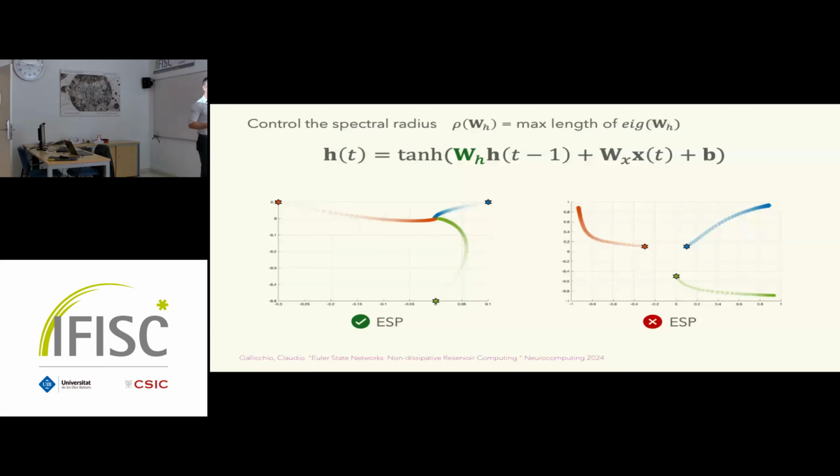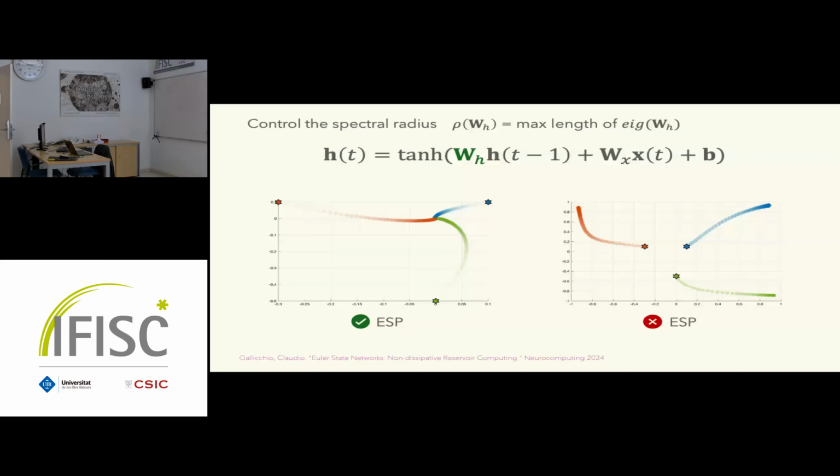This is typically not good for generalization in learning, because suppose that you train your system on this red one, and then you have a blue data point that drives my dynamics to a completely different part of the state space, I will never be able to recall the same output as this one, or a similar output to that one.